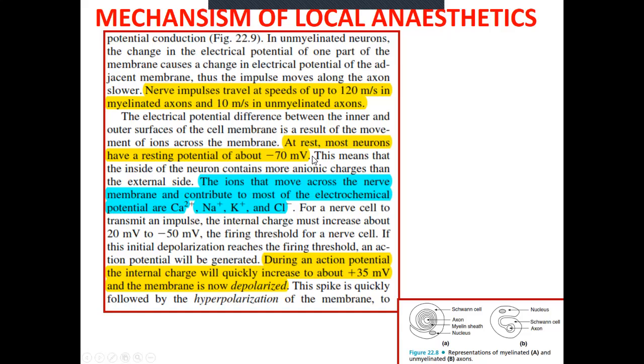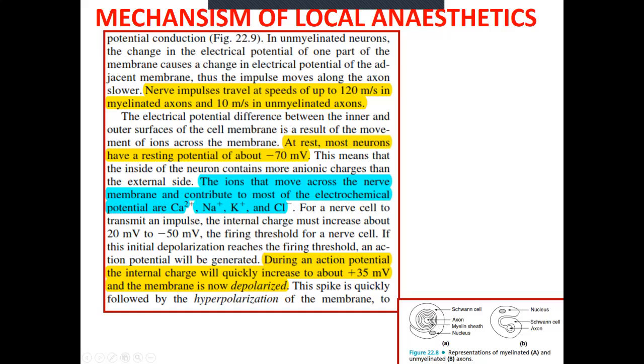This must be increased so that it becomes slightly depolarized. When the depolarization happens, this minus 70 becomes minus 60, minus 50, minus 40, then up to a maximum of 35 millivolts, and that is said to be the depolarized state.